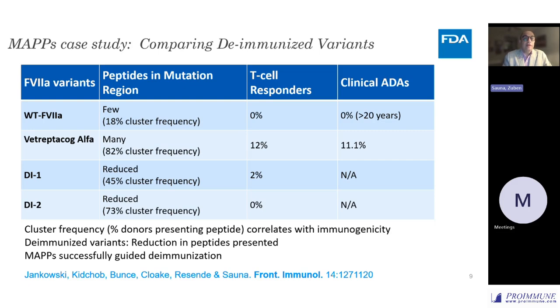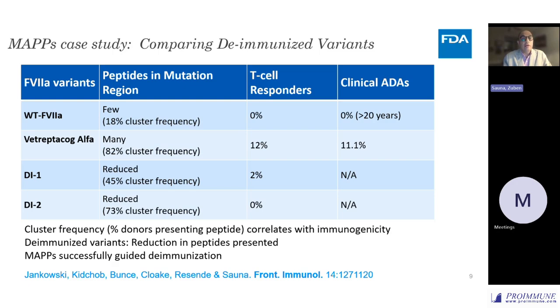So cluster frequency is a way of measuring how many of the peptides are bound to the HLA of interest. And compared to wild type, you can see that you had a higher cluster frequency for this drug, vetropitok alpha.